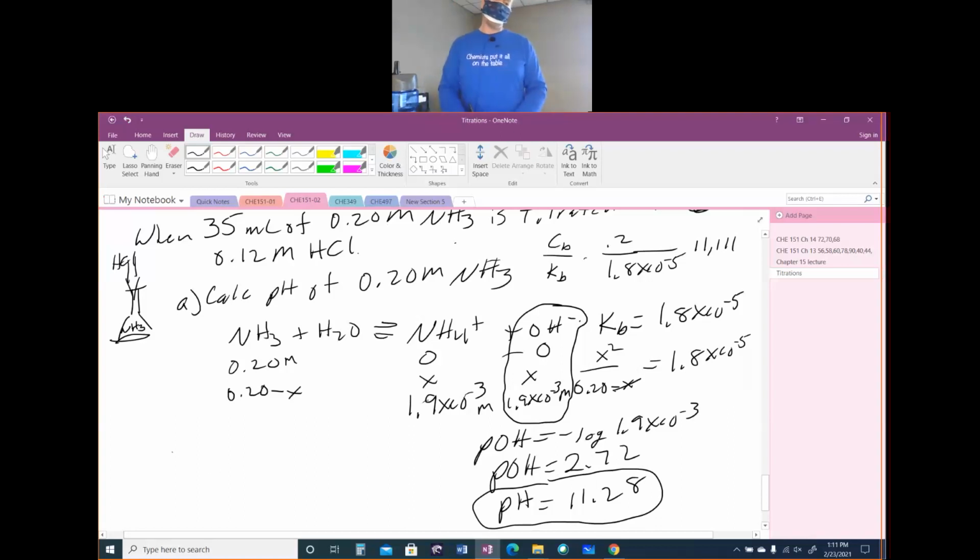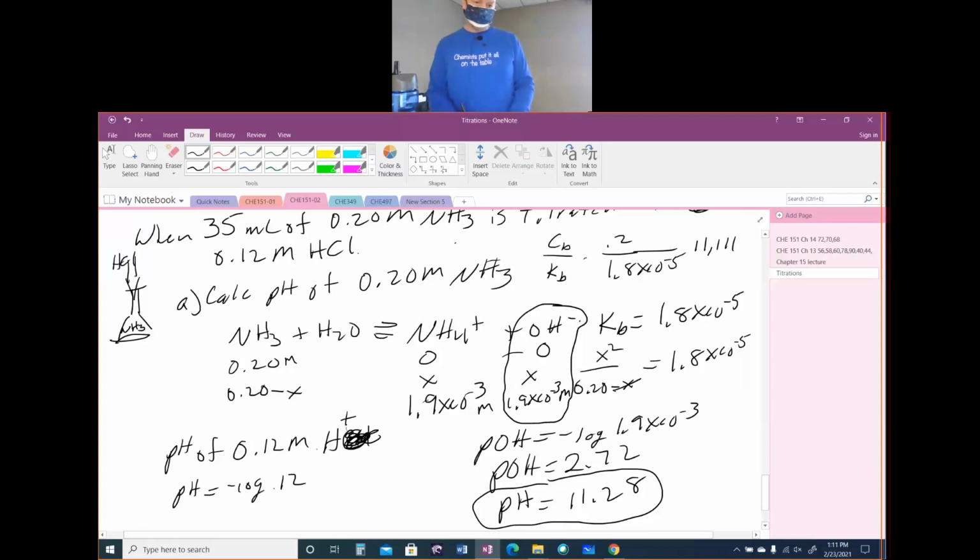All right, well, let's find the pH of the 0.12 molar HCl. Remember, HCl is a strong acid, and so you can get rid of the Cl minus. It has nothing to do with it. And so that is simply, what is the pH of 0.12 H plus? So pH is equal to the negative log of 0.12. Strong acid, strong base is very simple to get the pHs of because they are 100% ionized.